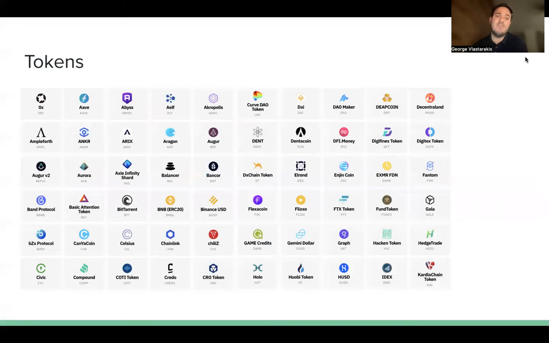And then we have the family of tokens and different frameworks that are built on top of Ethereum or other blockchains.